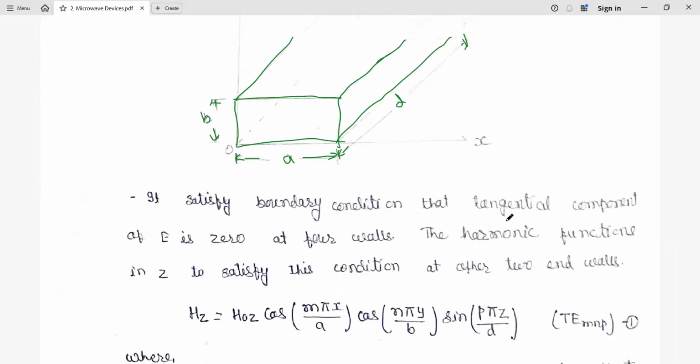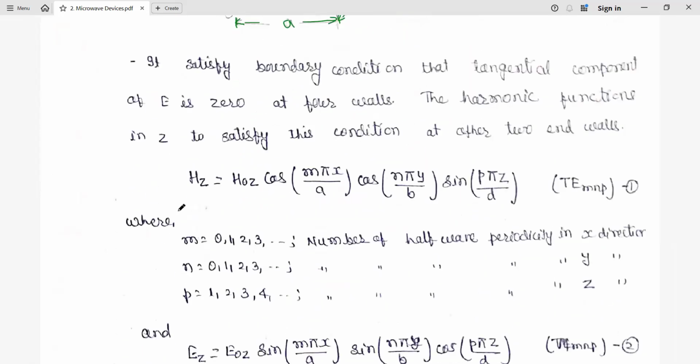Now, to satisfy the boundary conditions, the electric field tangential component must be 0 and the magnetic field normal component must be 0.